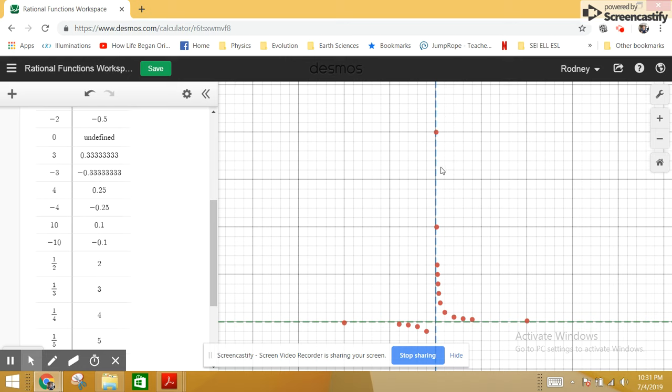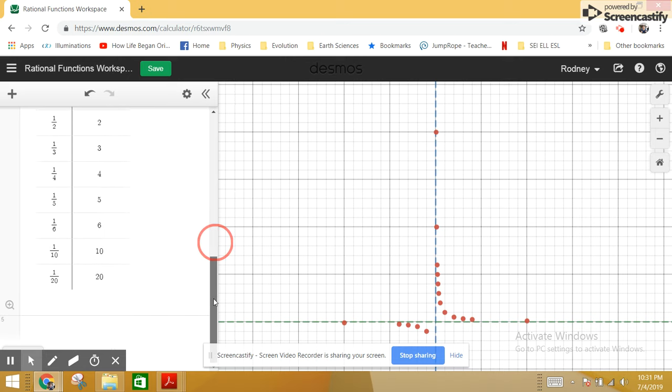And as we get our fractions closer and closer to 0, our function tries to get closer and closer to the y-axis, or x equals 0. This will happen in the other direction as well, and I'll demonstrate that with a couple of points.